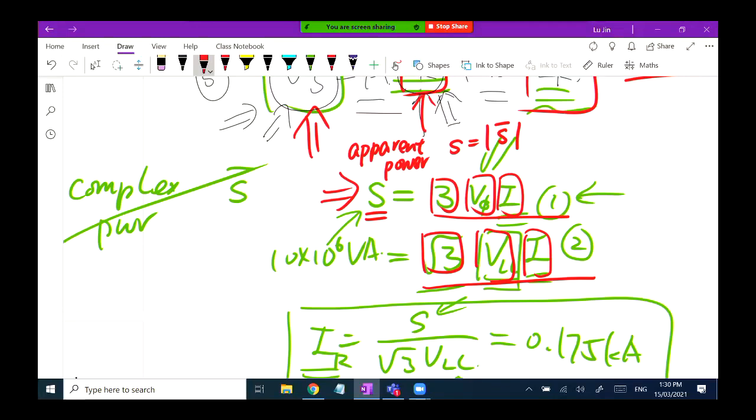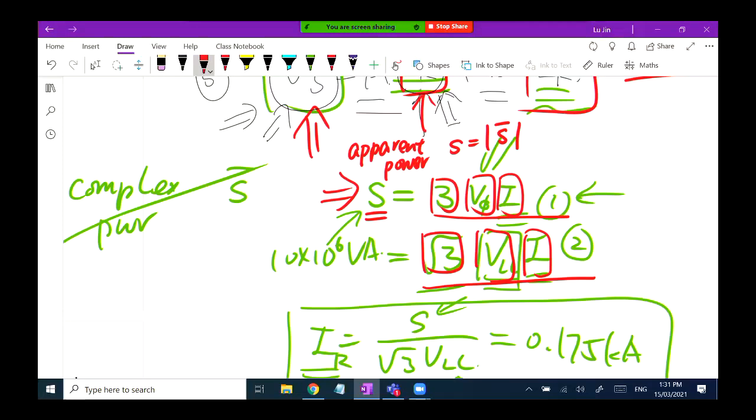So on the right hand side, they are all values, not vectors. So if you use these values to calculate the apparent power, this apparent power is just a value, only the magnitude of the vector. We do not have any angle information in the apparent power.